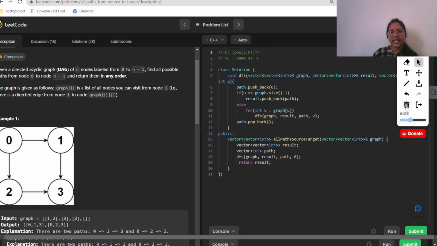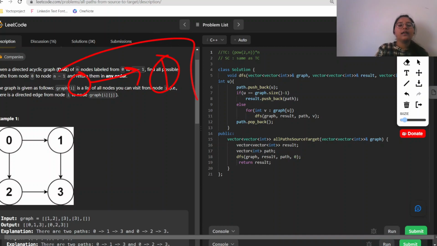Now comes the time complexity and the space complexity. The time complexity is 2 raised to power n into n. And how is that? At the starting I explained that if 0 and 1 are there, meaning only two nodes, then the number of paths would be 2 raised to power n minus 3, right?